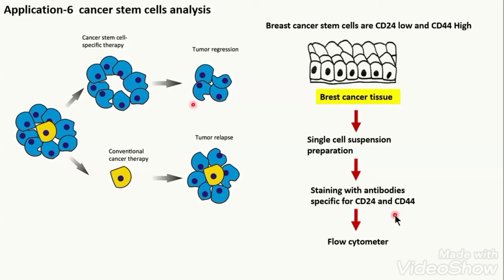So right now in the field of cancer biology, 80% of the labs are working on what? Identifying, characterizing, and designing the therapies against what? Cancer stem cells. And we can analyze them by flow cytometry.